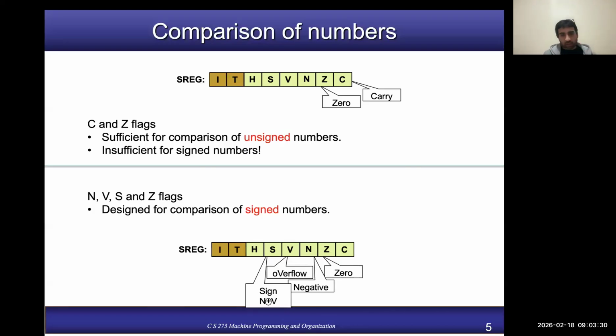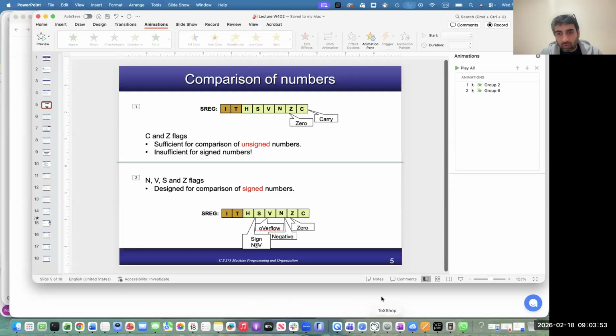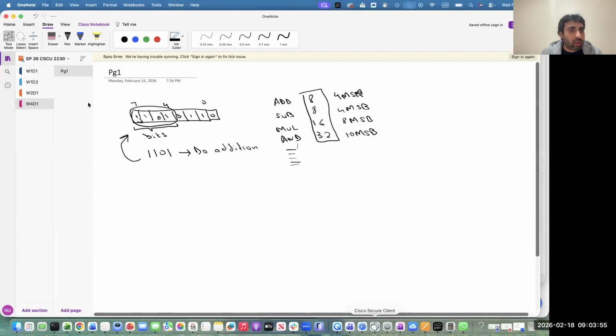Let me connect my drawing pad, and then we will go to OneNote, and I will explain. Okay, so where is OneNote? Here.